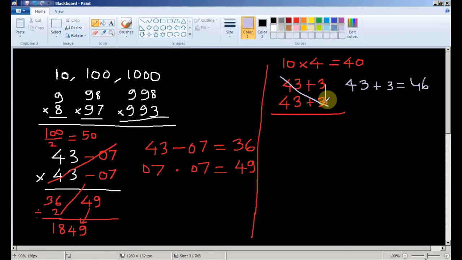And the vertical multiplication, 03 into 03, will give me 09. You know that the solution is divided into two equal parts, so I have to write it like this. The second part is 09, and the first part is 46.